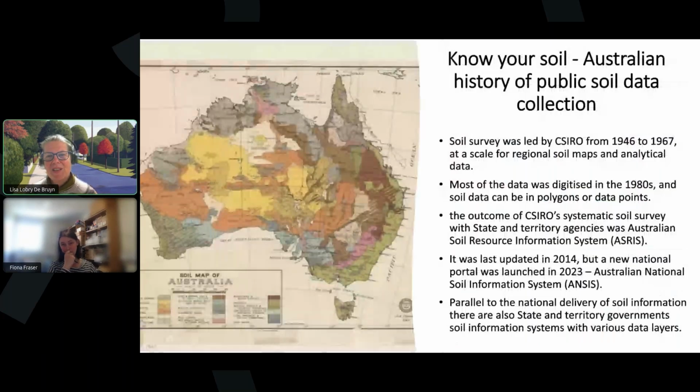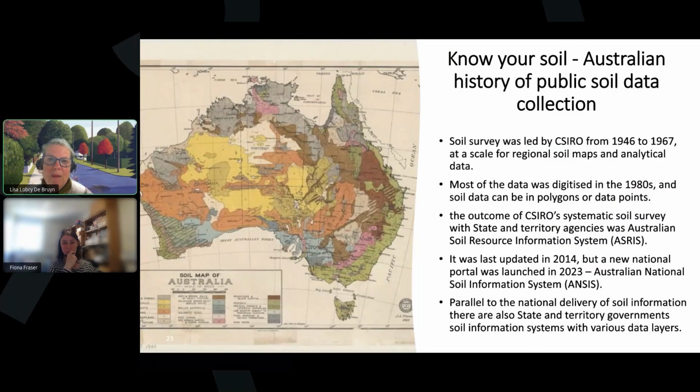With Australia, it's interesting to note that the UK's journey in knowing what our soils are was very similar. The CSIRO led the soil surveying of Australia, mostly at regional scales and with accompanying analytical data. Most of that data was digitised in the 1980s, and soil data can be arranged as polygons or data points.